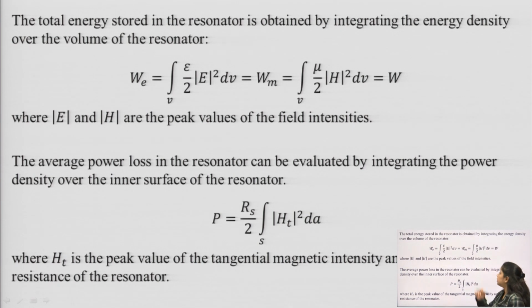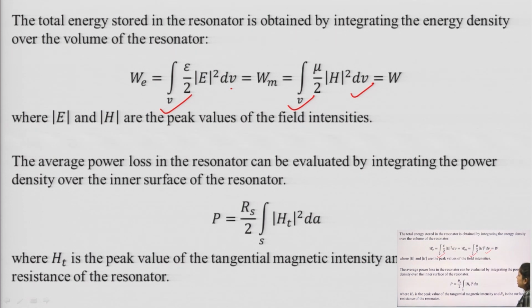The total energy stored in a resonator can be obtained by epsilon by 2 integral of E squared dV, integration with respect to the complete volume. This is the electric field energy, and the magnetic field energy is mu upon 2 integral of H squared dV through the complete volume. E and H are the peak values of the electric and magnetic field intensity.